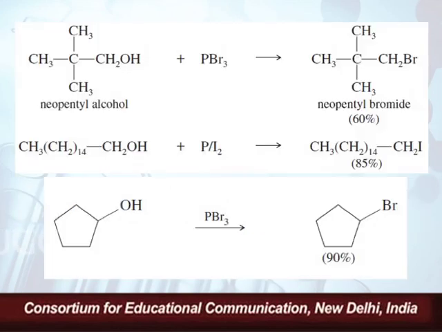Here I have shown a few reactions of alcohols with phosphorus tribromide and phosphorus and iodine. In the first reaction, neopentyl alcohol is being converted into neopentyl bromide, and please remember, as I have already discussed, in these reactions we should not use HBr because it will undergo rearrangement and not give us the desired product, which is neopentyl bromide.